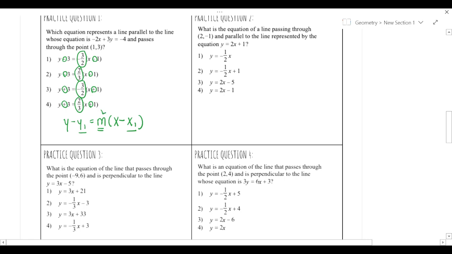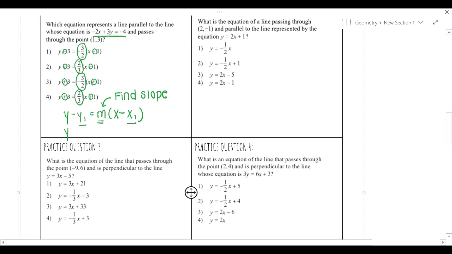I don't know what the slope is yet, but I can find it by solving for y. So let's save that for later. First, I'm just going to plug in the values here. I know the y is 3 and the x is 1. So automatically I can already eliminate answer choices 3 and 4 because I know that the format should be y - 3 and x - 1.